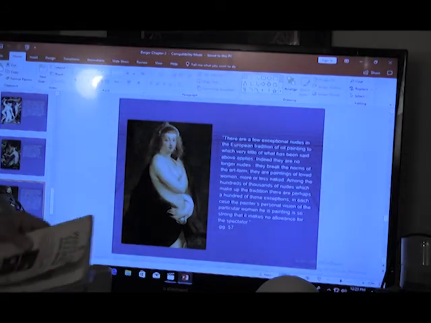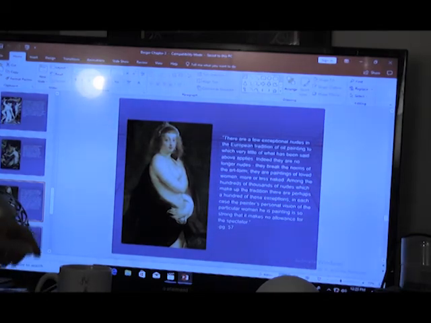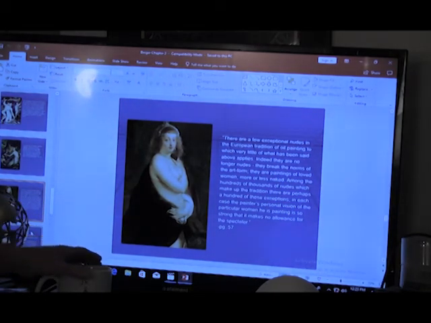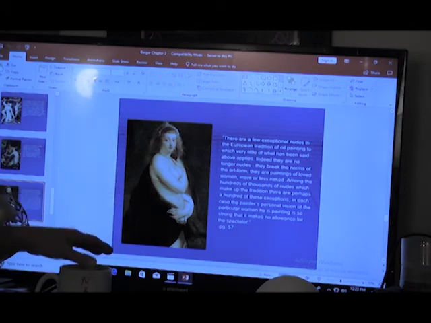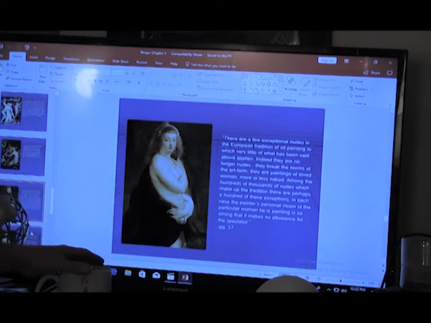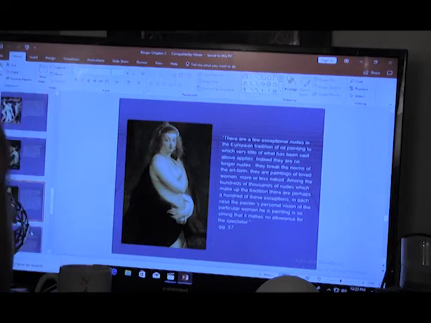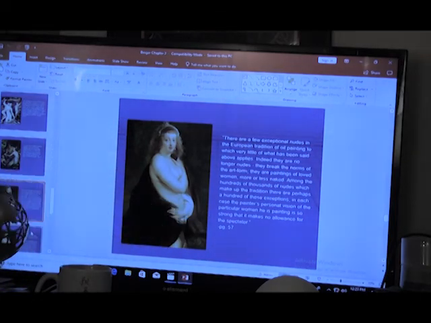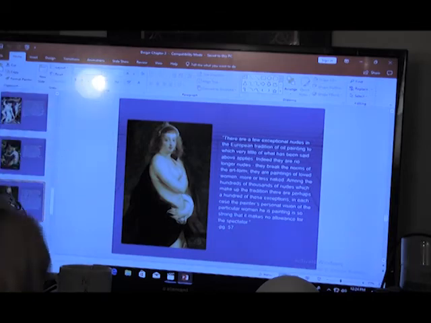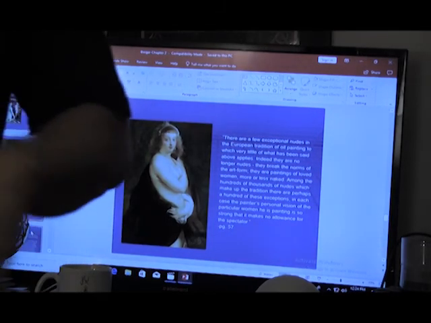He says, indeed, they are no longer nudes. They break the norms of the art form. They are paintings of loved women, more or less naked. Among the hundreds of thousands of nudes which make up the tradition, there are perhaps 100 of these exceptions, no more. In each case, the painter's personal vision of the particular woman he is painting is so strong that it makes no allowance for the spectator.